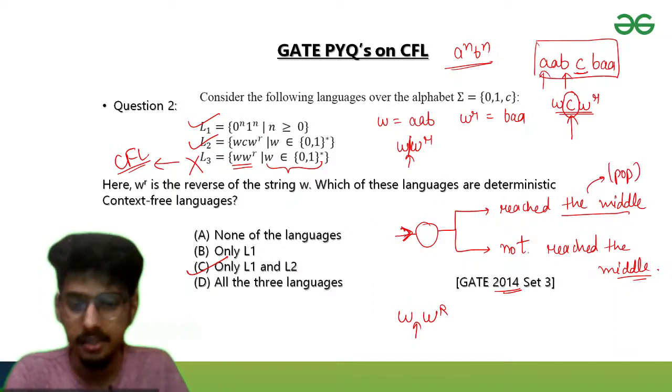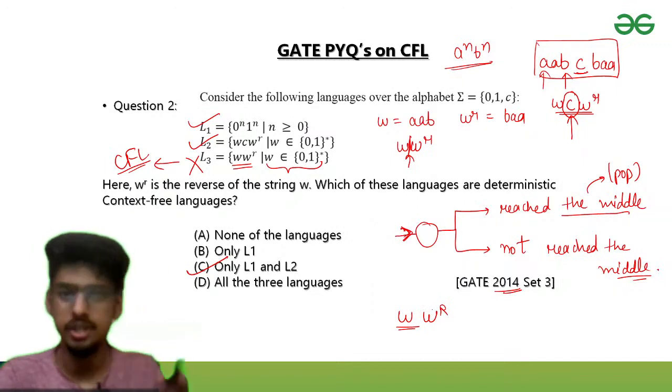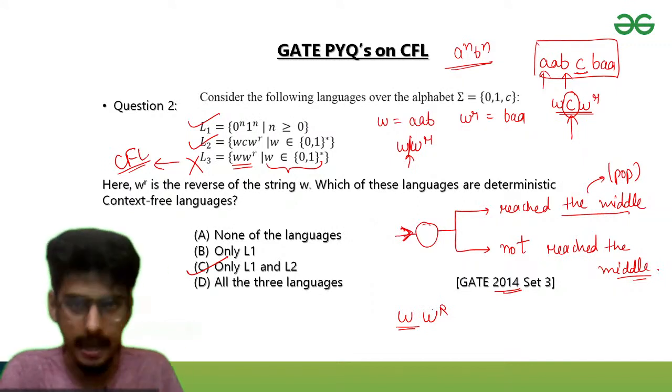And in the other case, when you assume that you have not yet reached the middle, that means you are still scanning W. So till the time you are still scanning W, you will keep on pushing the elements of W into the stack.